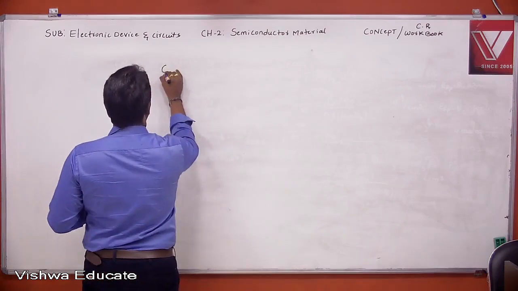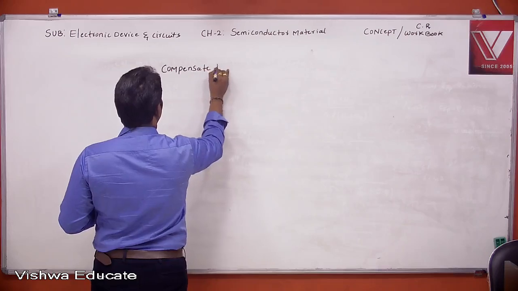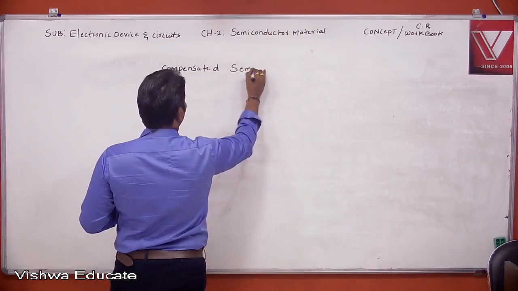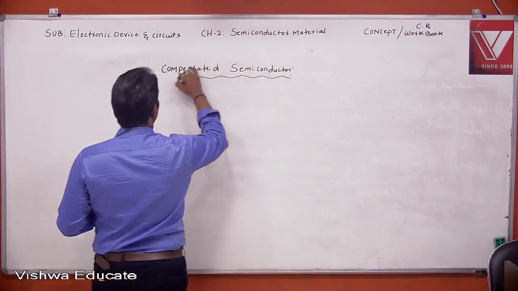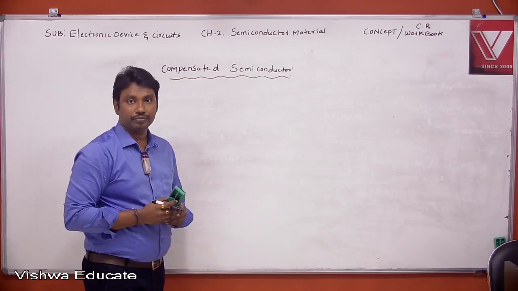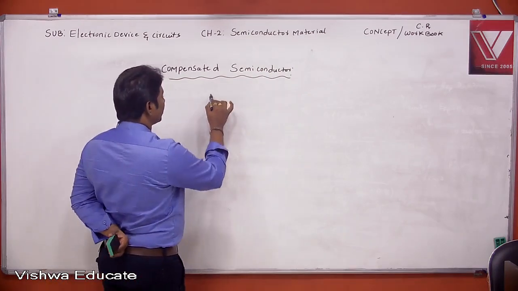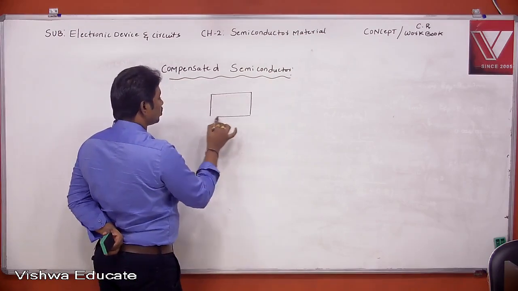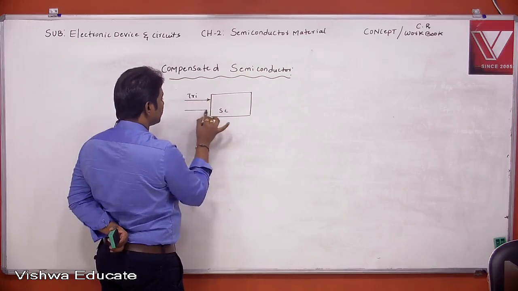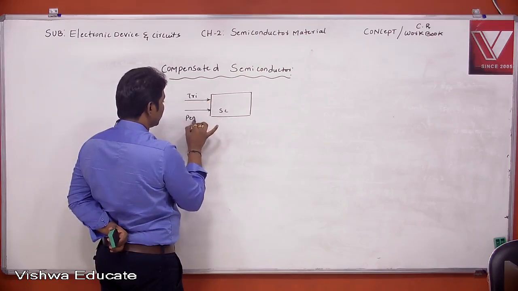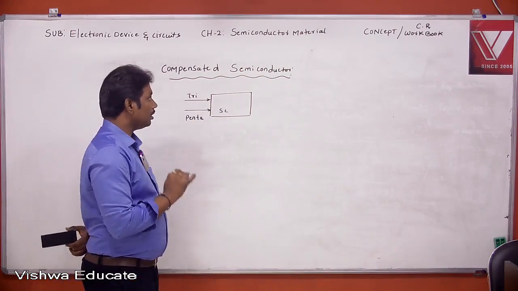Compensated semiconductor. See, a compensated semiconductor is nothing but when the semiconductor is doped with both trivalent as well as pentavalent impurities.